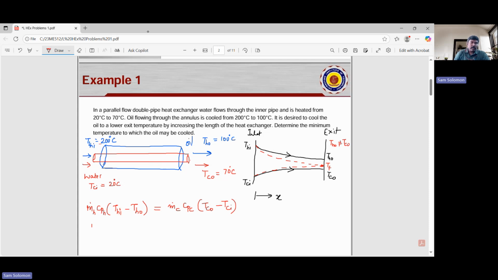What we know is m dot h CPH is unknown. THI minus THO is 200 minus 100, and here we have m dot c CPC times 70 minus 20. So this is 100 times m dot h CPH equals 50 times m dot c CPC.